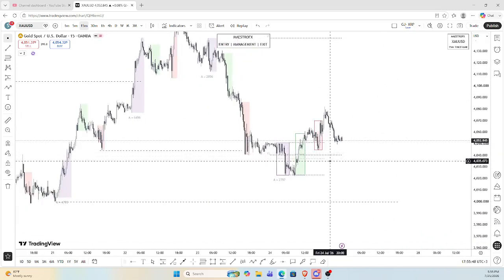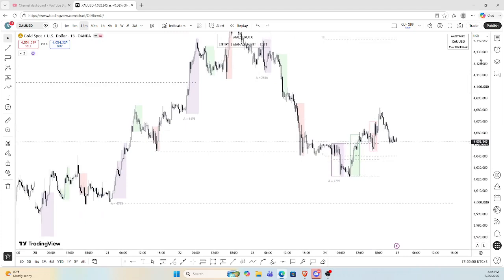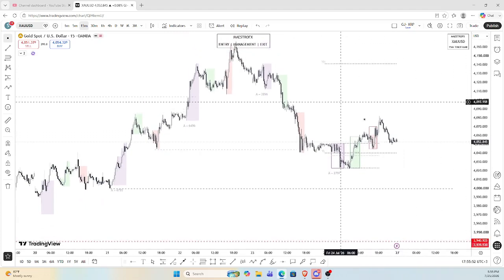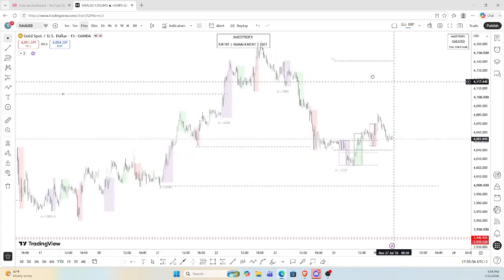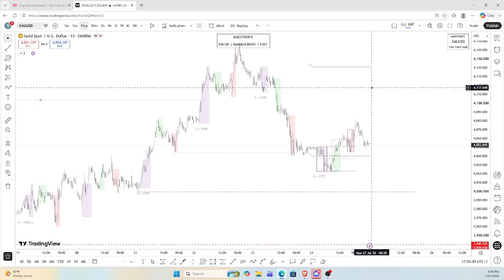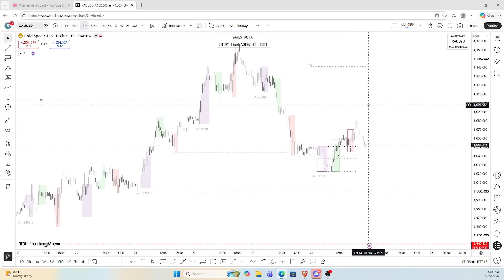Because as you know, we are not really in control of these markets. We only follow the footprints of the big financial institutions and the big financial traders.